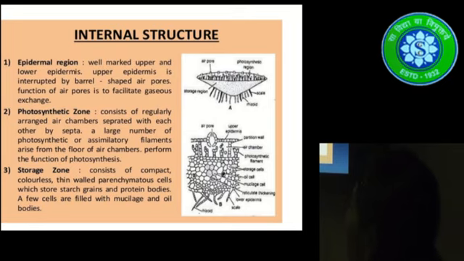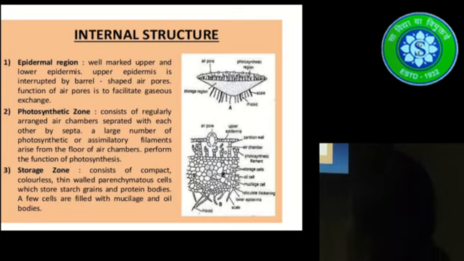Gaseous exchange takes place through these air pores and air chambers, and these filaments are the photosynthetic filaments which are involved in photosynthesis. The lower portion is known as the storage zone. This is a colorless area, and the rhizoids and scales originate from the lower epidermal region.